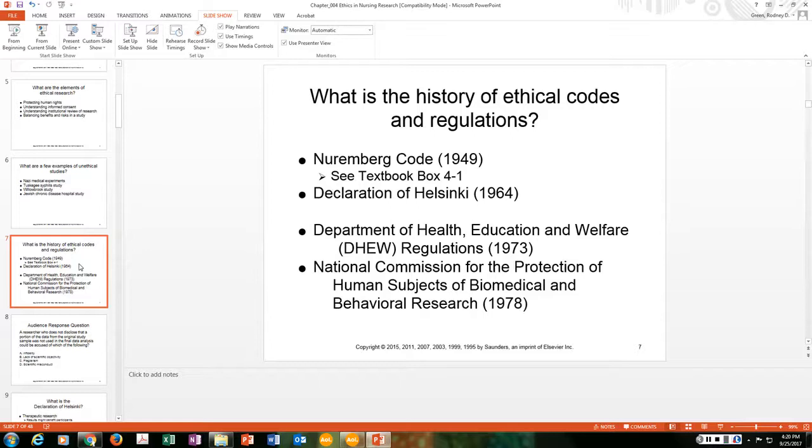The National Commission for the Protection of Human Subjects of Biomedical and Behavioral Research in 1978 established guidelines based on ethical principles.